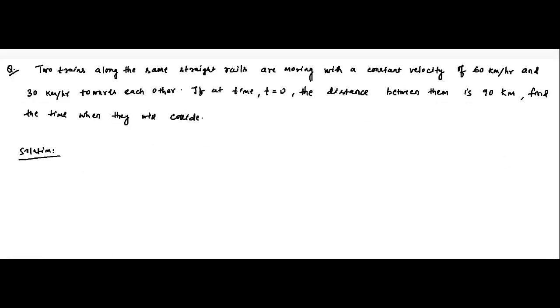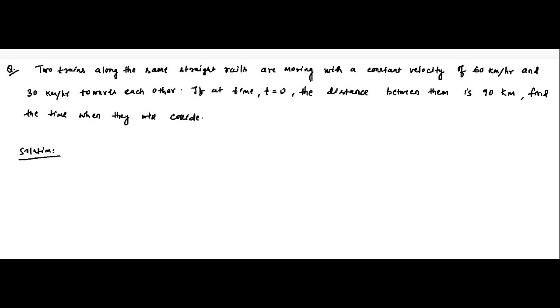So here is another question on relative velocity, again involving trains, their movement. So here the question is that two trains traveling along the same straight rails are moving with a constant velocity of 60 km per hour, the first train, and the second train with a velocity of 30 km per hour towards each other.